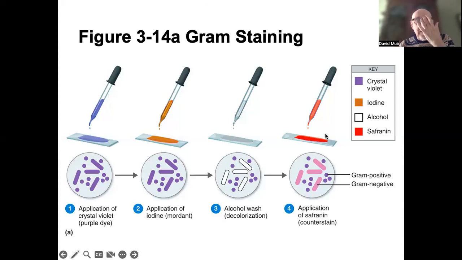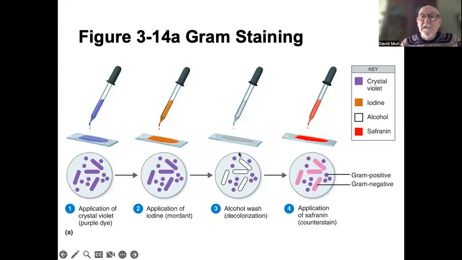So the logic is that at this decolorization step, in a gram-negative bacterium, the alcohol actually disrupts the outer membrane of the cell, and it also very easily washes the crystal violet out of the peptidoglycan layer, because this peptidoglycan is so thin.